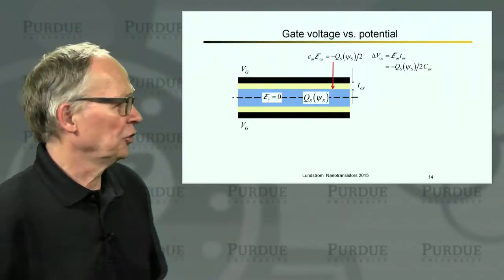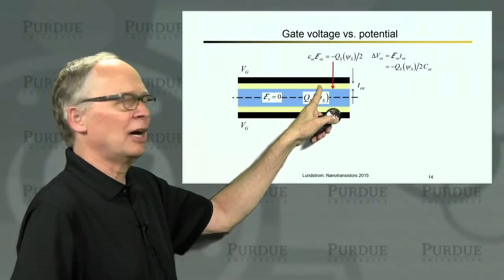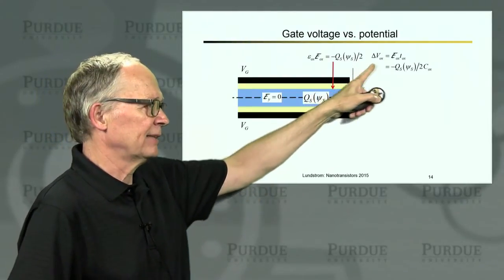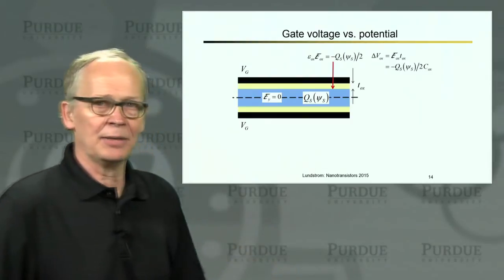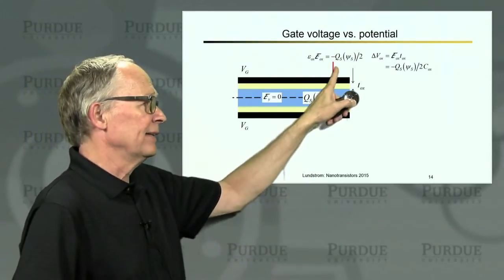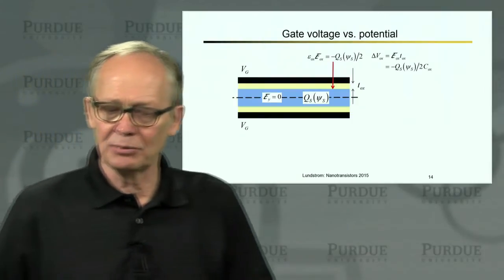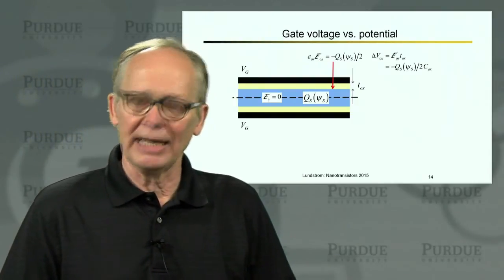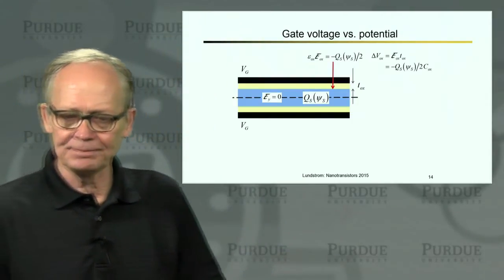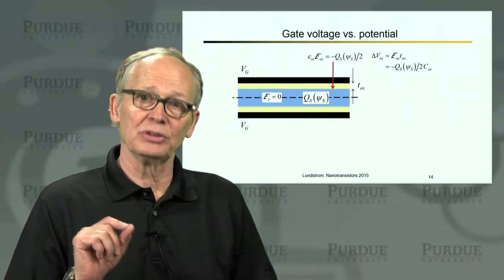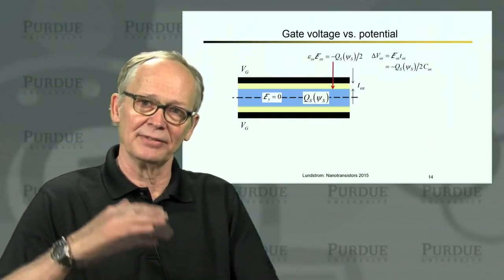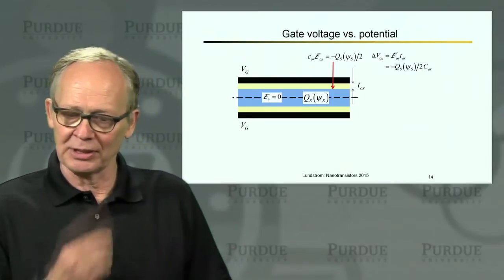Okay, now, just as before, we want to know what is the volt drop across the oxide. It's the electric field in the oxide times the thickness of the oxide. This expression allows us to solve for the electric field, and then we get a simple relation. The volt drop is minus the charge in the silicon divided by now 2 Cox. The 2 came from this division of the charge between the top and the bottom gates.